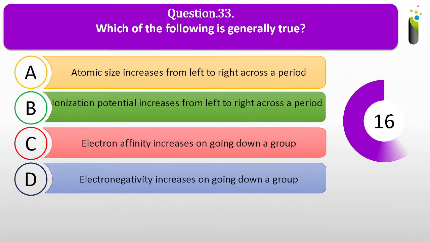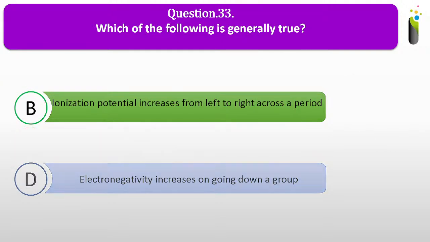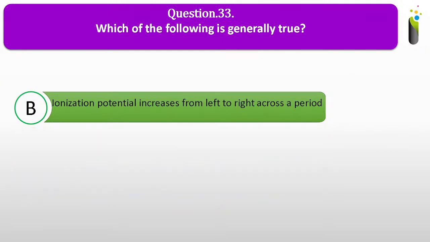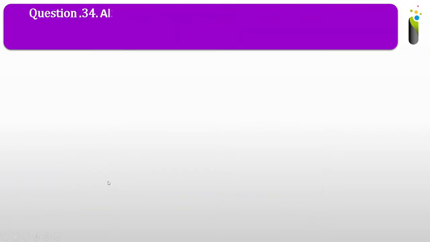So answer me for question number 33. Which of this is generally true? The correct answer for this question is B. Ionization potential increases from left to right across a period.